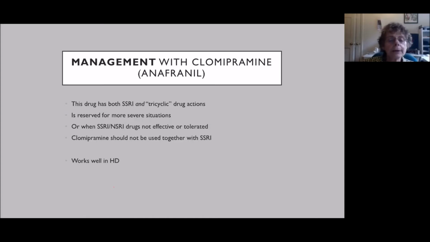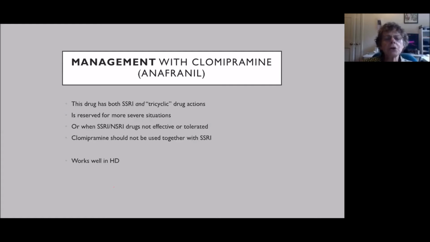I have used this drug carefully and have found that it often works well in those who have not responded to the SSRI. In the algorithm for treatment of HD obsessions and compulsions, a pharmacologic treatment algorithm that Dr. Karen Anderson is the lead author on, she's quite the expert in obsessive compulsive disorder problems in Huntington's.